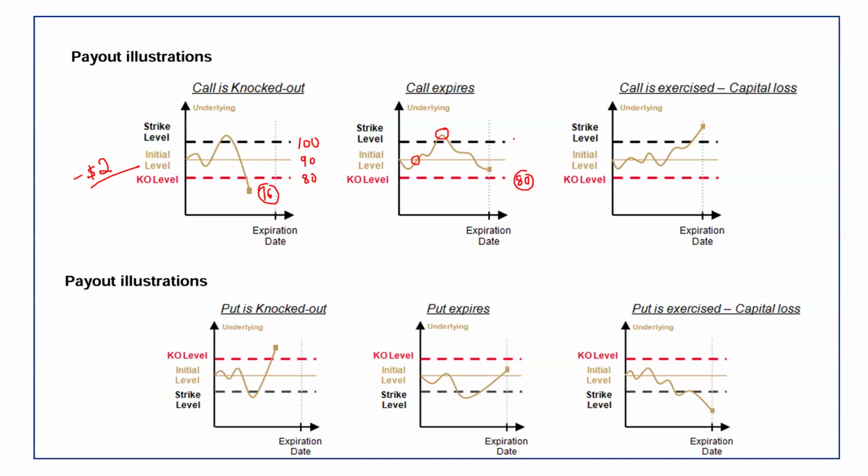First, assuming it's a European option, the price went above the strike price and became an in the money option, and later it came down. It did not break the knockout level, so the option was active, but on expiry it did not break the strike level. So the holder will not get anything. He will lose the $2 which he has paid as a premium.